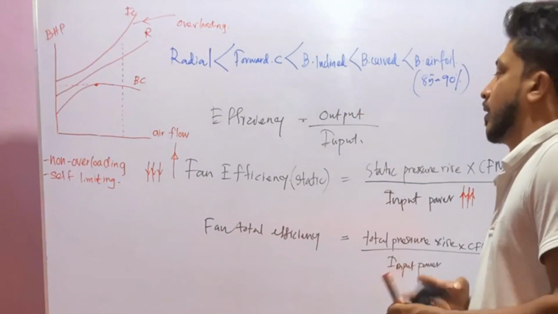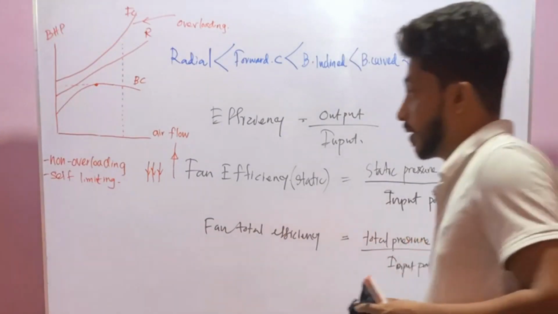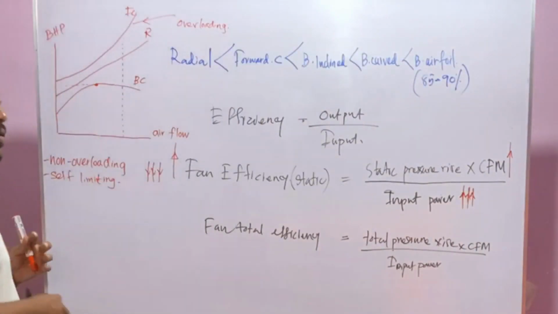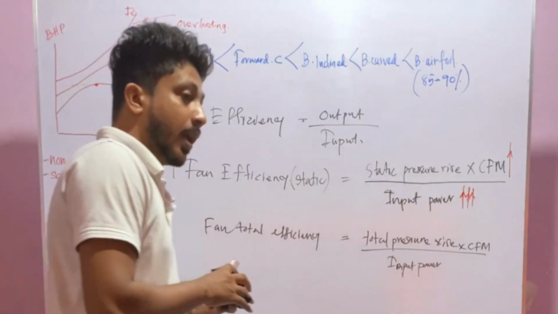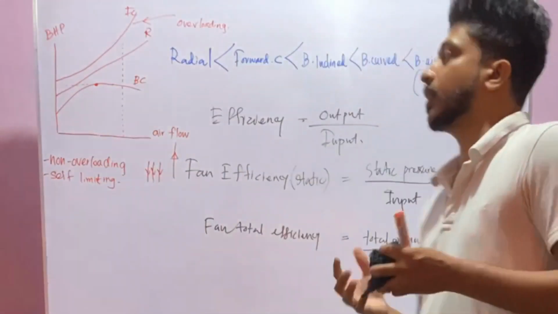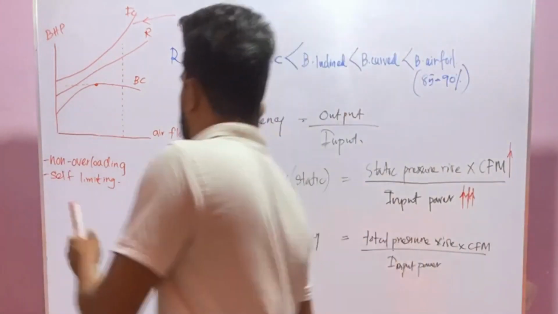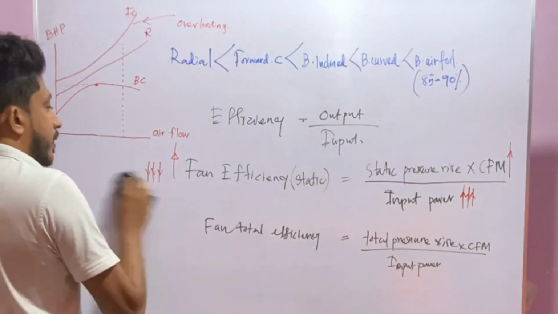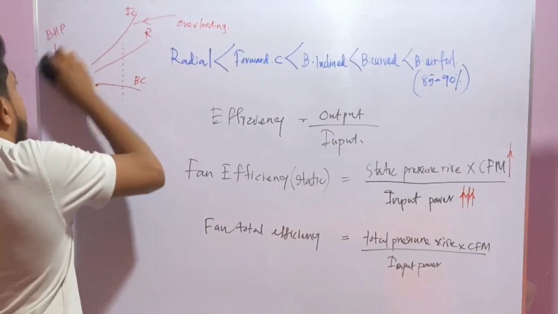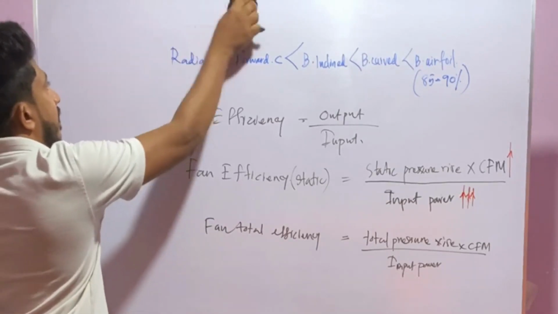Okay, then we can draw the efficiency curve. Actually, this is not regarding fan curves. We have a separate video for the fan curves, but as I started talking about efficiency, I will draw the efficiency curve for a centrifugal fan. It is something like this.